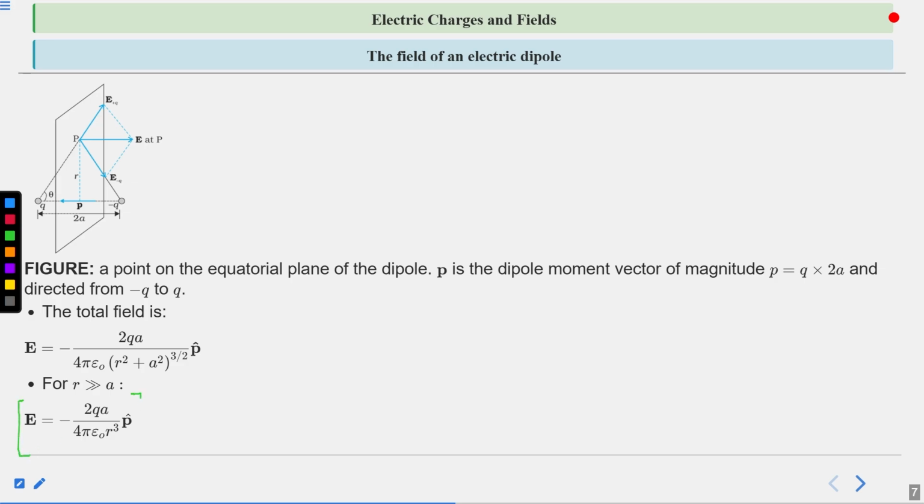So this is the special case when r is greater than a. This is the electric field of an electric dipole on the equatorial plane and its special condition.